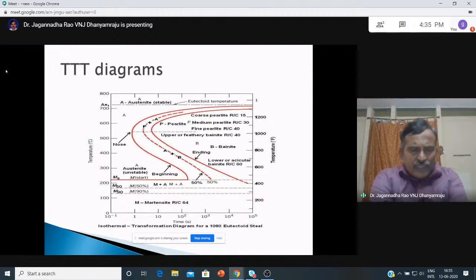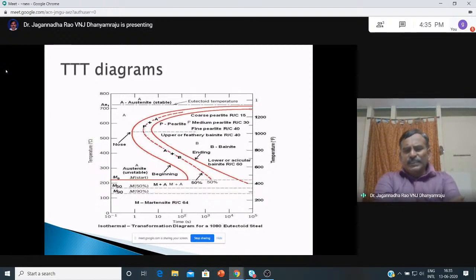And our aim in hardening is to produce 100% martensite. So in order to produce 100% martensite, you have to cool at a rate faster than the critical cooling rate. So then only you can realize 100% martensite. Otherwise, softer products will come.